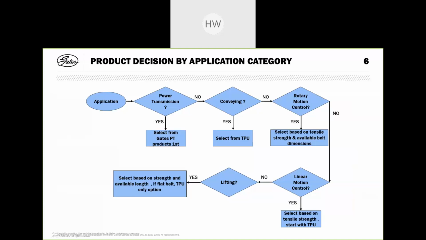And if it's not linear motion control, then the other application will be lifting. On lifting, we also have two options, Gates rubber PT belt or a TPU belting. Very often in lifting applications, people use a flat belt, which is a good product, and with flat belt, TPU is the only option.